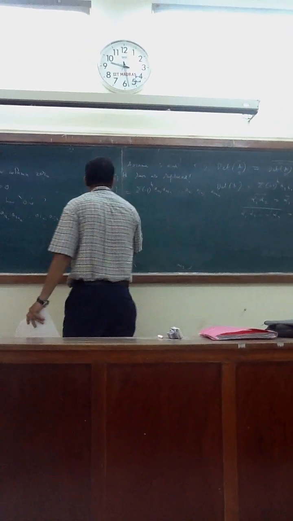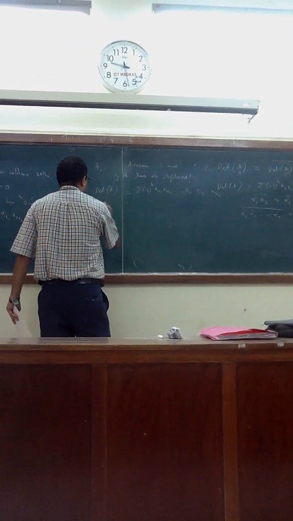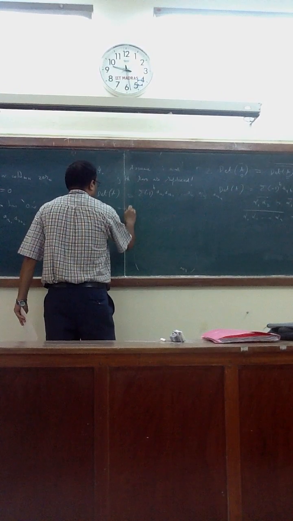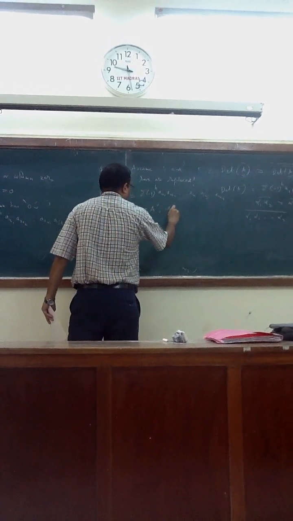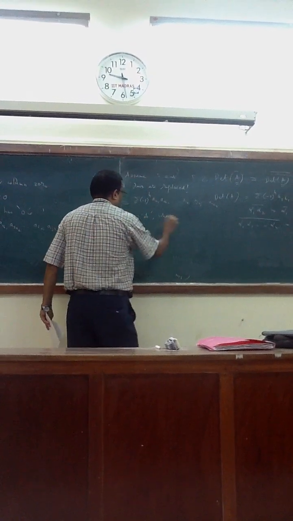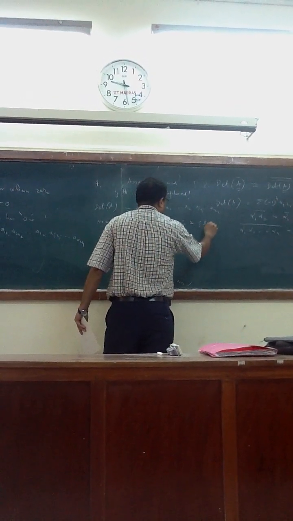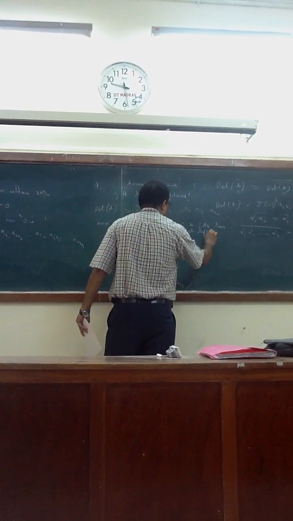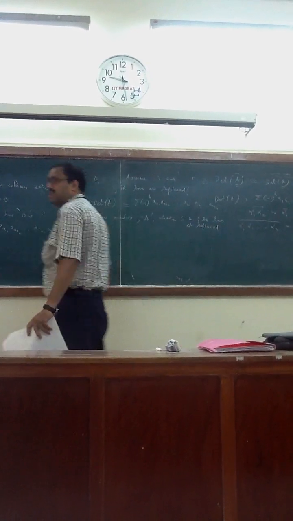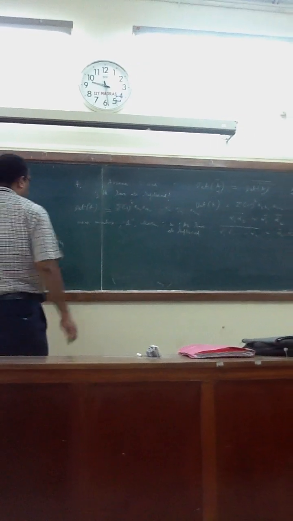So I am getting a new matrix A prime where the i and j rows are replaced. Right? So what formula do you get from here?